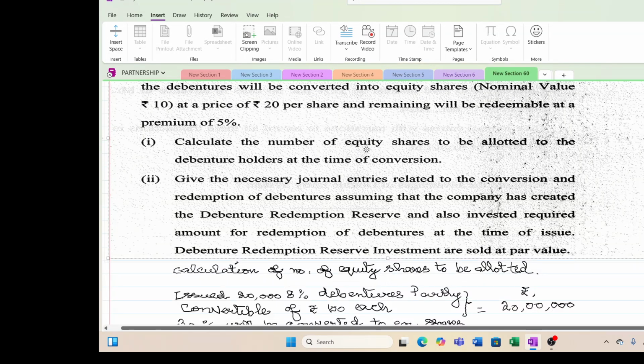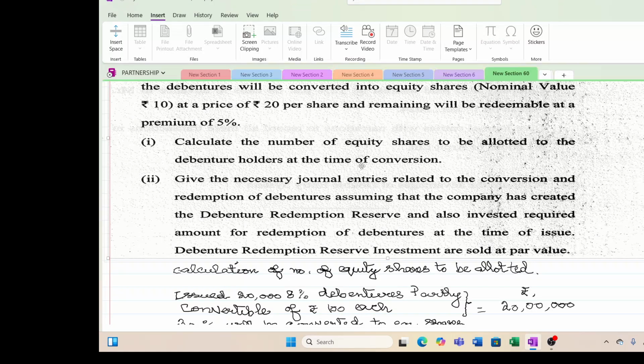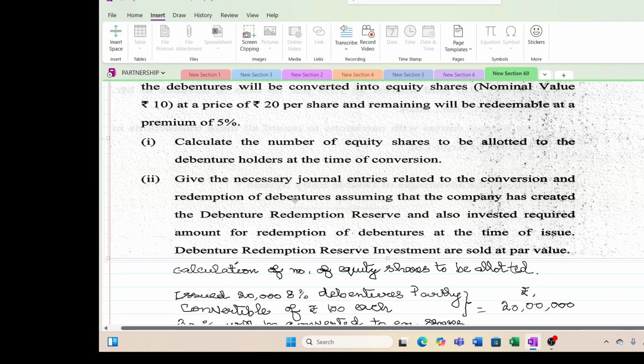Calculate the number of equity shares to be allotted to the debenture holders at the time of conversion. First thing is that we have to calculate the number of equity shares which are going to be allotted on conversion of this 30%. Second thing is that give the necessary journal entries related to conversion and redemption of debentures, assuming that the company has created debenture redemption reserves and also invested the required amount for redemption of debentures at the time of issue.